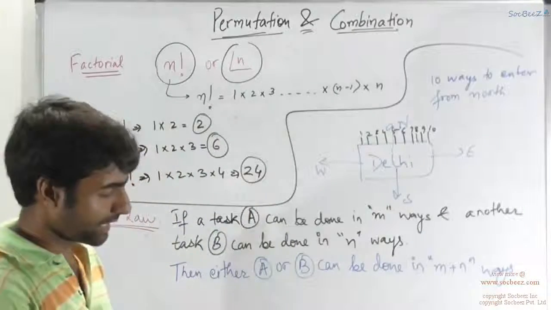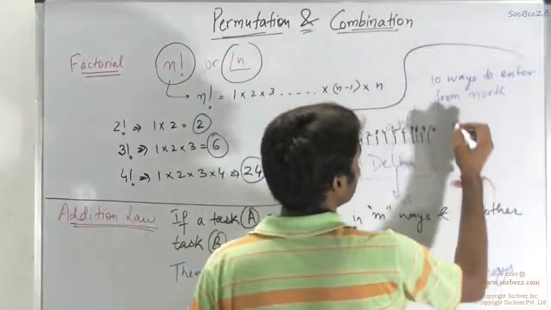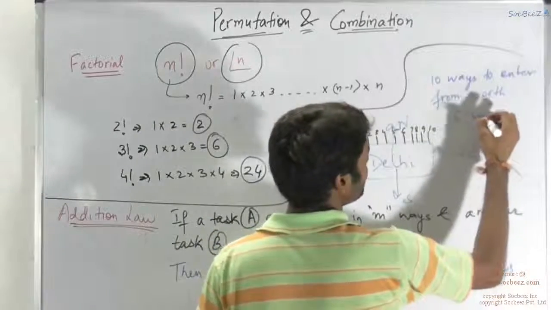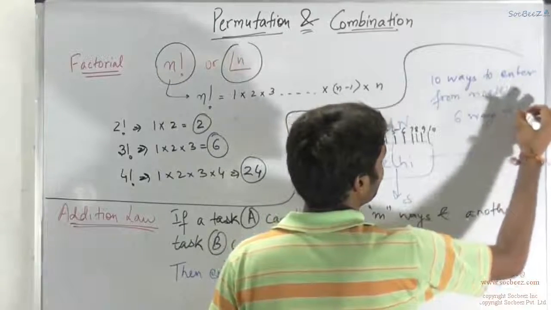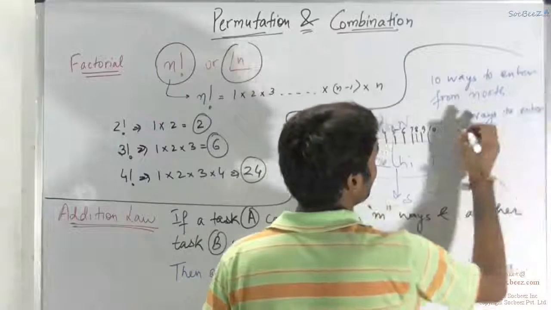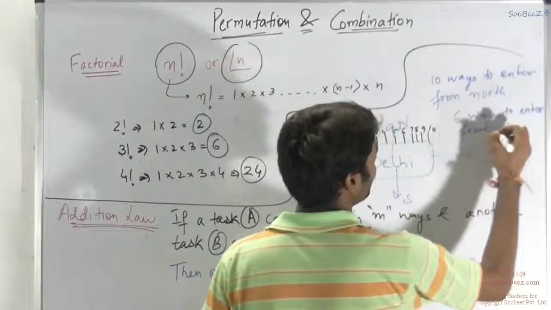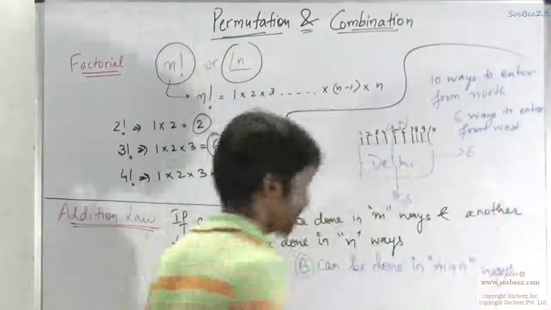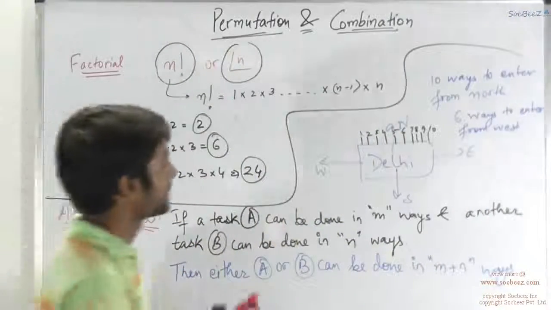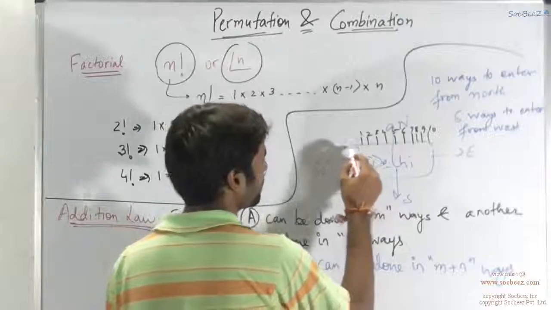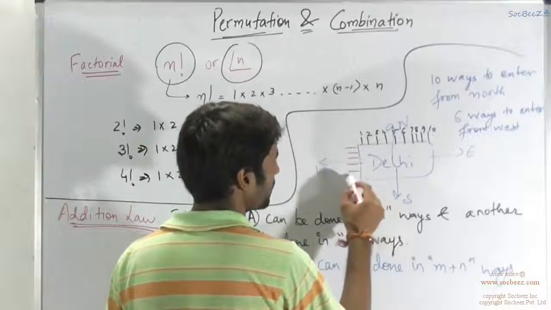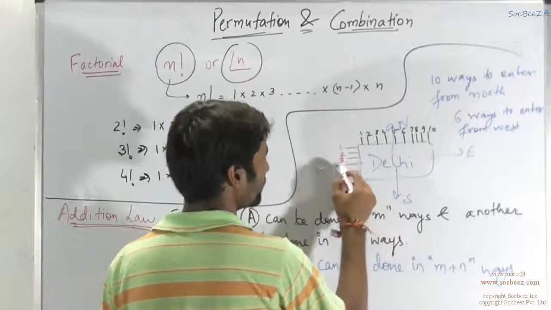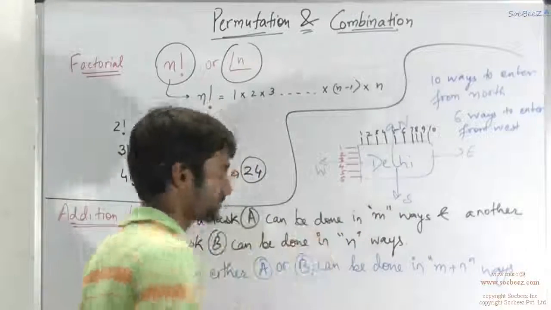And say there are 6 ways to enter from the west. Let us suppose these are the 6 entrances from the west: 1, 2, 3, 4, 5, 6.